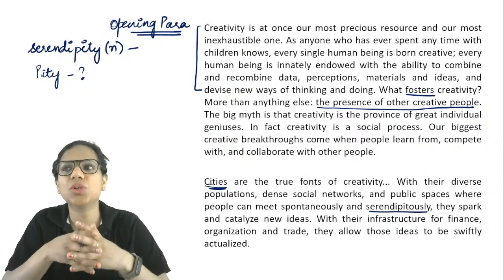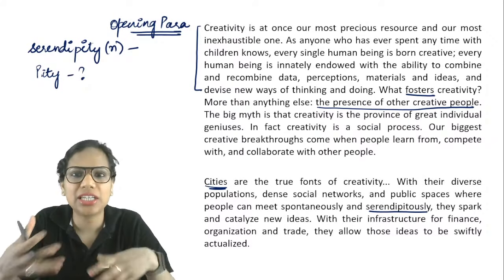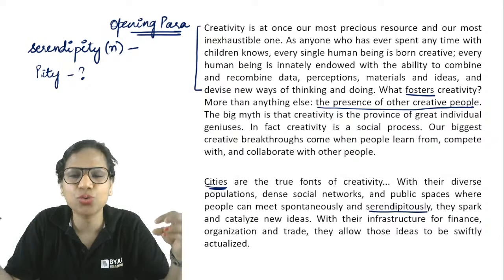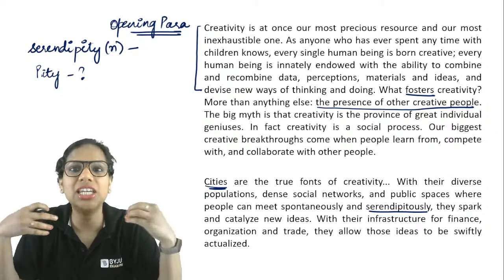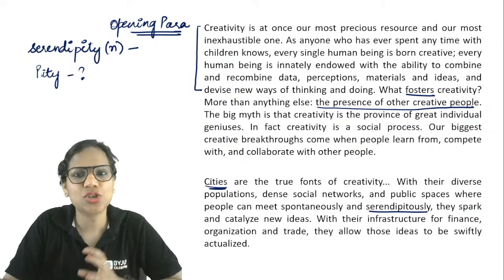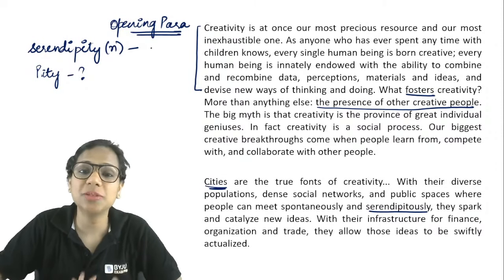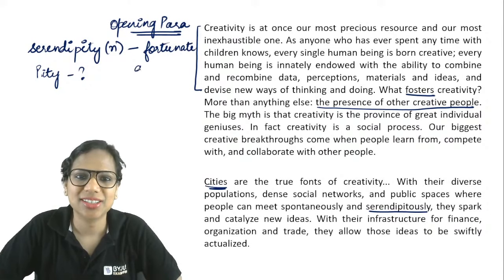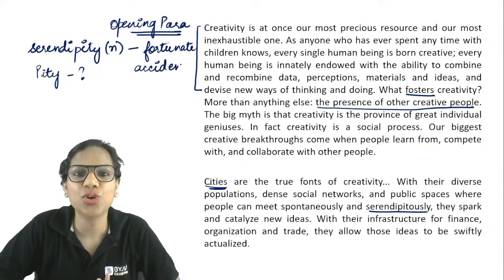So, serendipity is a word that actually comes from a fairy tale. I have forgotten that fairy tale, but it has some brothers who go on these adventures and they are very lucky in these adventures. Now, from that story comes this word serendipity. So, serendipity is a fortunate accident, a stroke of luck, a stroke of fortune.